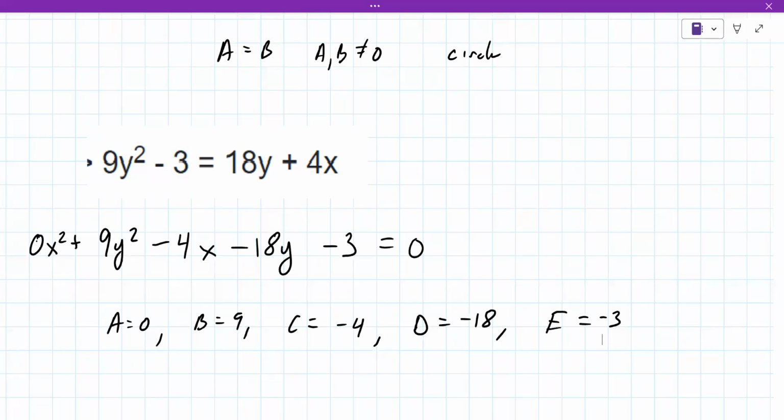Okay, so when I graphed it, it's not a hyperbola.